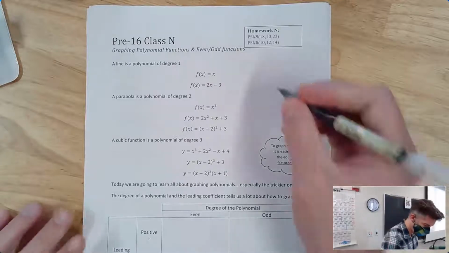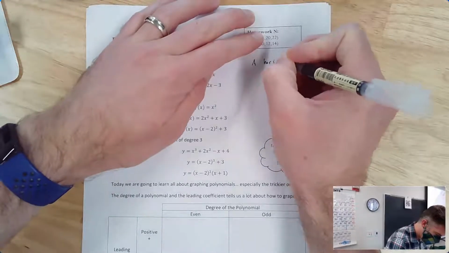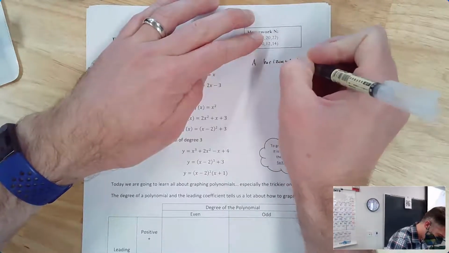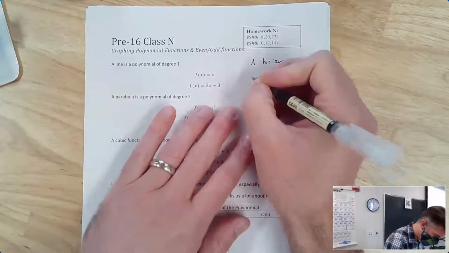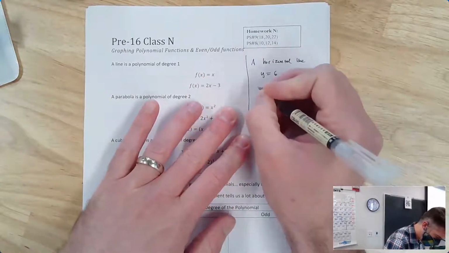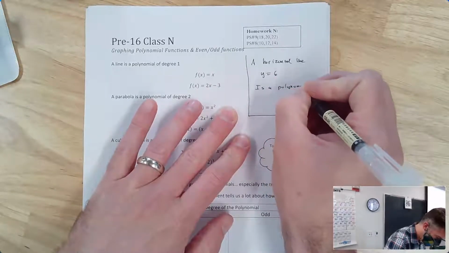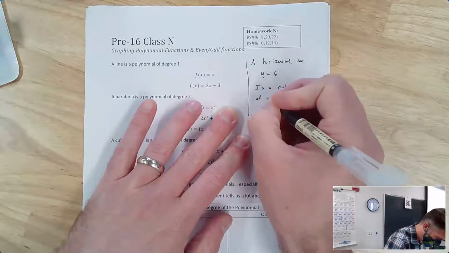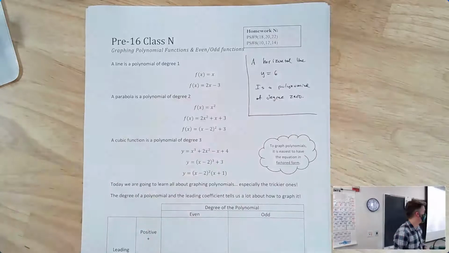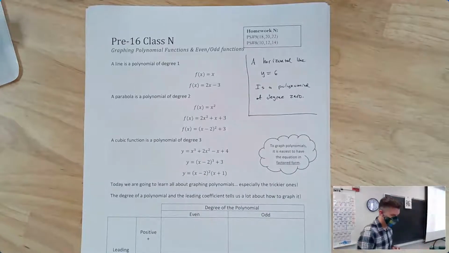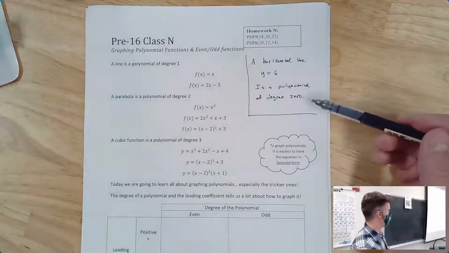A horizontal line like y equal to 6 is a polynomial of degree 0. It's not very exciting, but it is true.